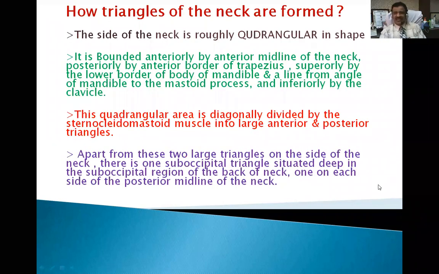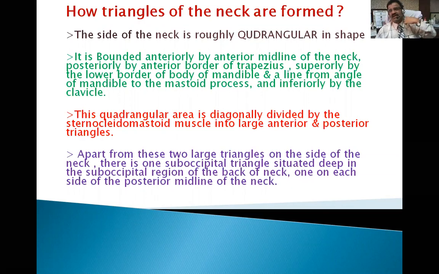How the triangles of neck are formed. This is just like plotting of the land, the land is plotted into guntas and all that. You know, one gunta plot, two gunta plot, likewise. So the neck is divided into triangles because the side of the neck is roughly quadrangular.